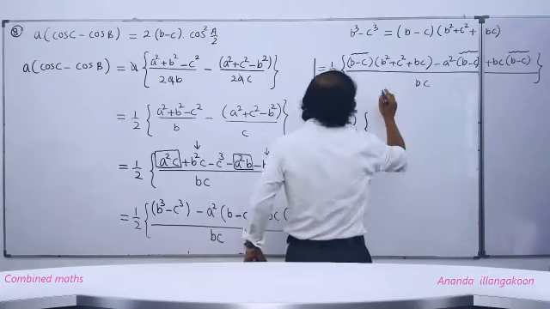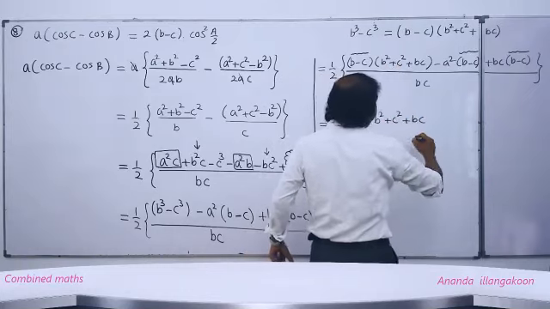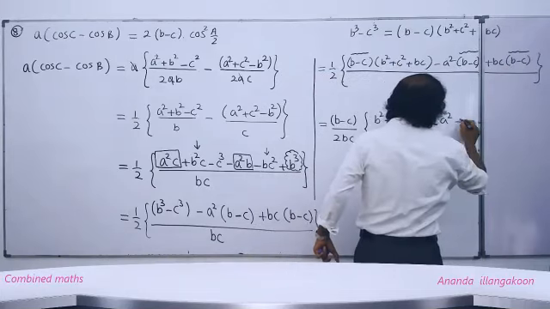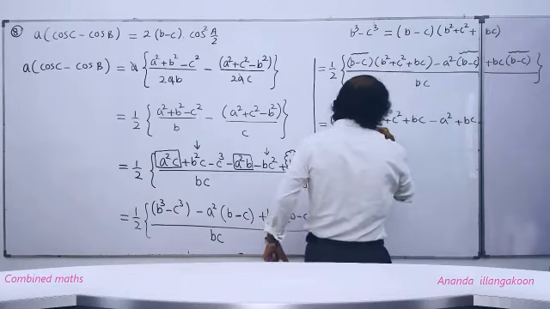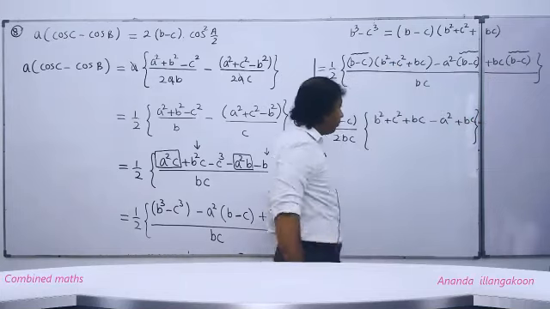Now we can simplify this. B squared plus C squared plus BC and minus A squared, and also take B minus C out. This is equal to BC.